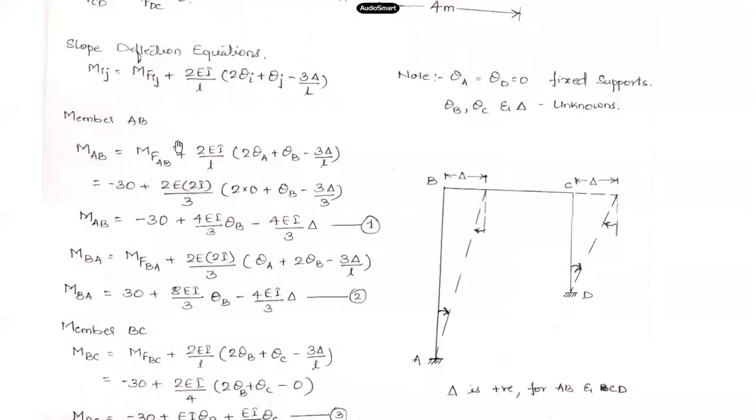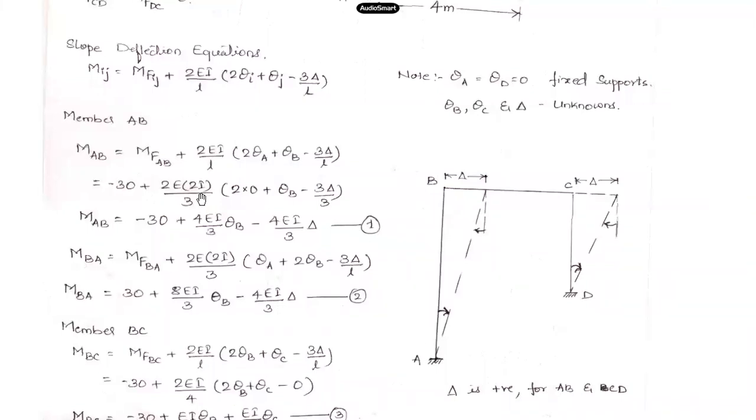Now I have to identify whether these displacements exist or they are 0. At support A we have the fixed end, so what it indicates is theta A is 0, because this is a fixed support. It will not allow any rotation.